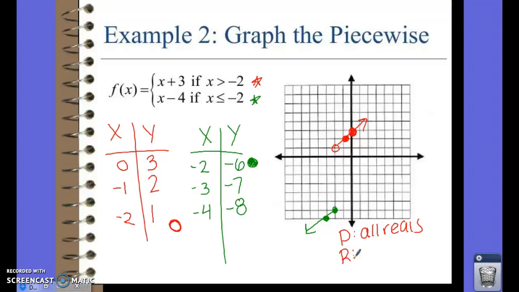It's y less than or equal to -6, and y greater than, but not equal to 1.